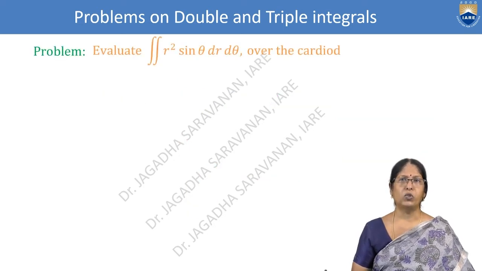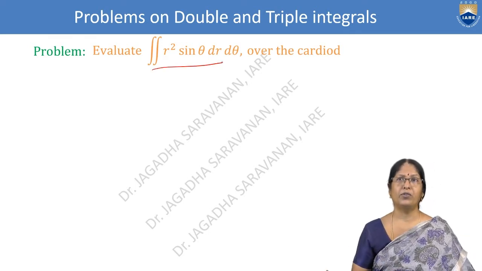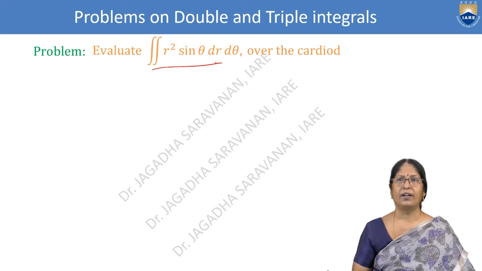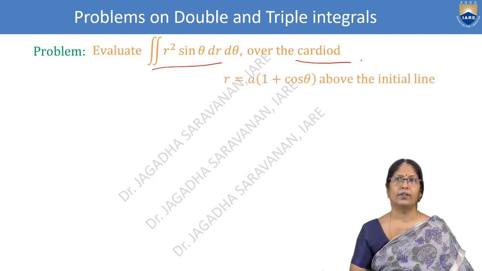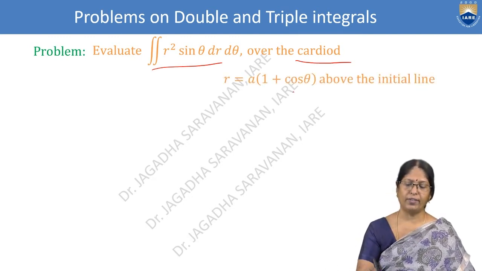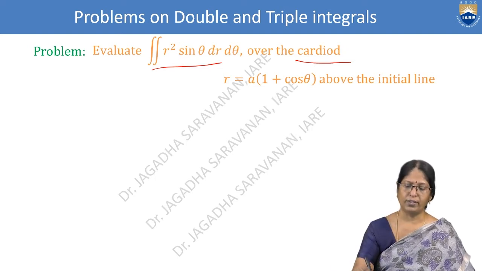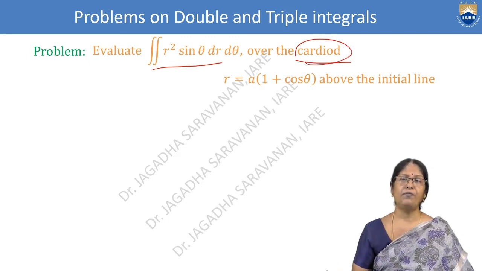Now we will solve a problem: evaluate the double integral of r square sine theta dr d theta over the cardioid. Satisfying this condition, we get a geometrical shape which is the cardioid, a leaf shape.